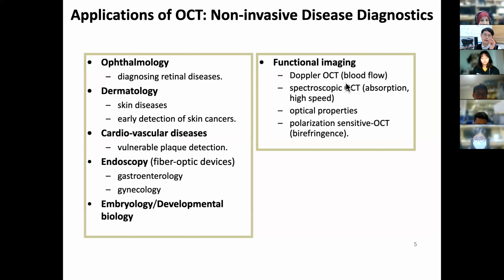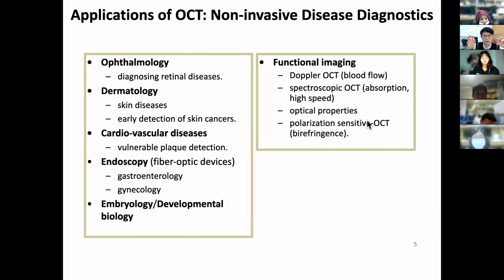And so OCT can be used for optical properties of the tissue sample, the specific property, especially birefringence, and that can also be a good contrast source. So we developed a polarization sensitive OCT, especially good for layered structures like the gastrointestinal wall.